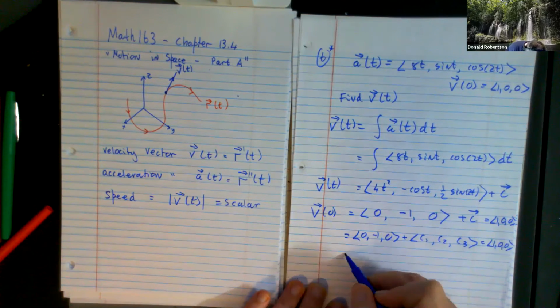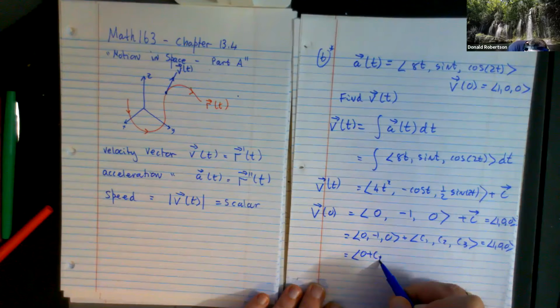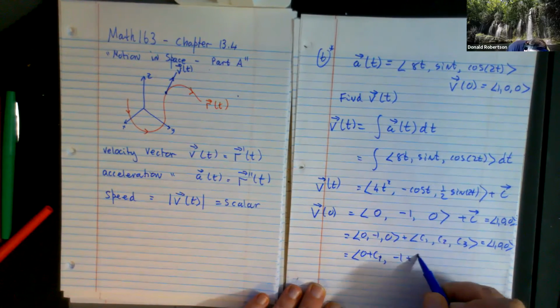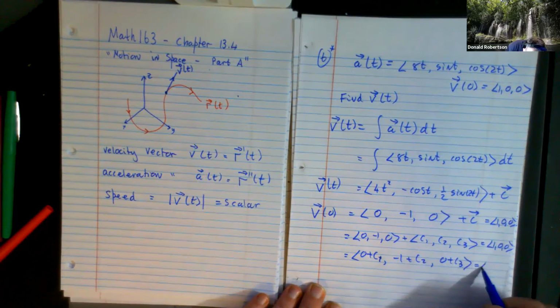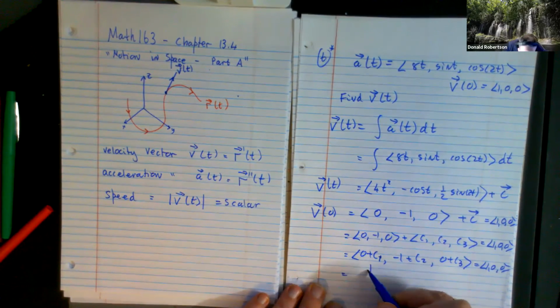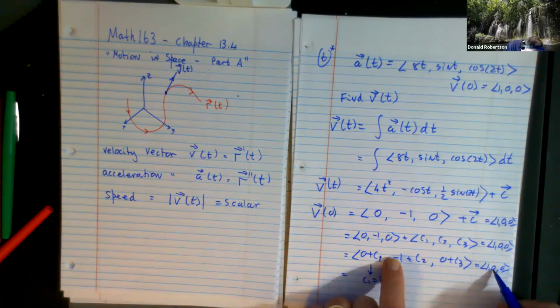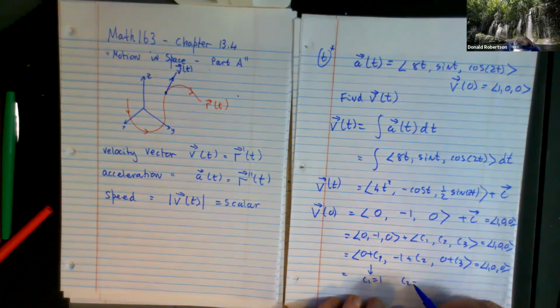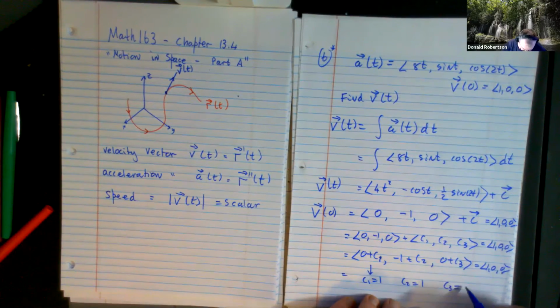Okay, let's match them up. 0 plus c1, negative 1 plus c2, and 0 plus c3 should be that fella. Well, if that's going to be 1, c1 has to be 1. If that's going to be 0, c2 will have to be 1. And if that's going to be 0, c3 has to be 0.